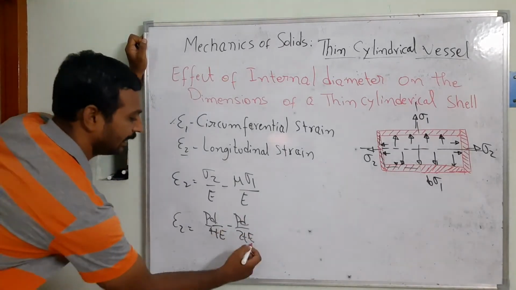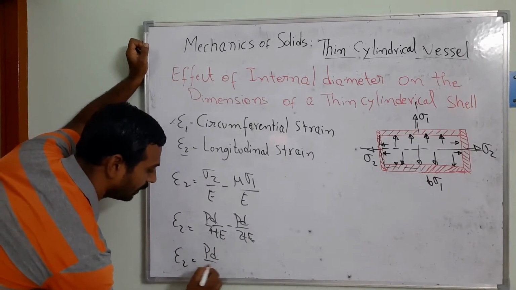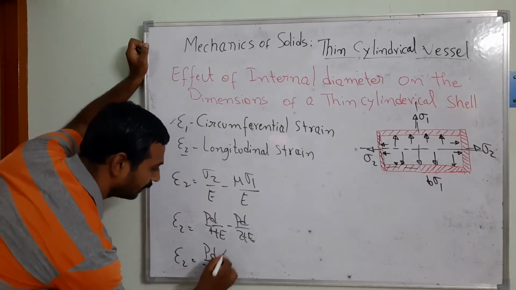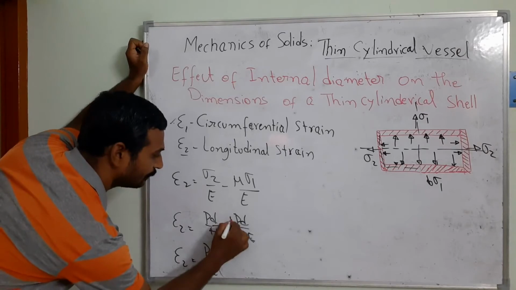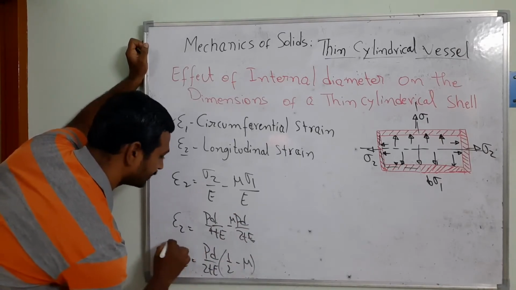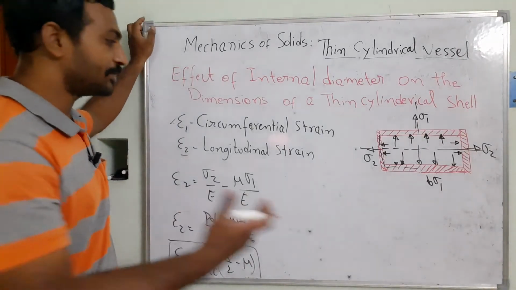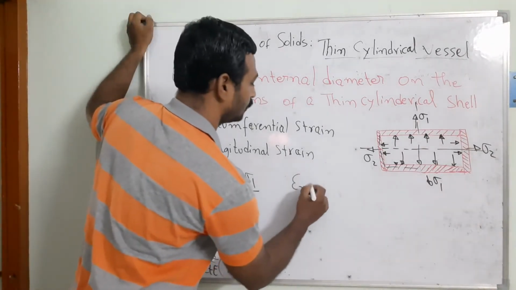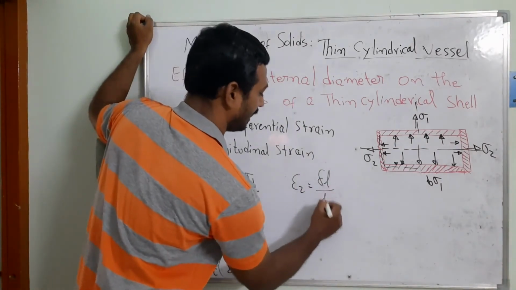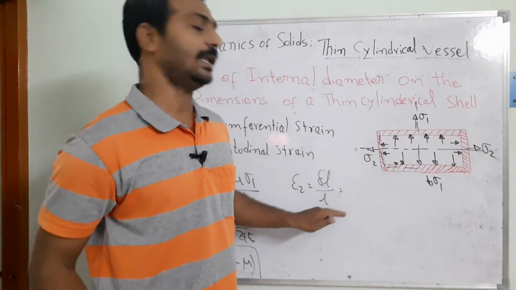Then I am going to take some common terms. Epsilon 2 is equal to Pd by 2Te into, here is the mu we are getting, 1 by 2 minus mu. So this is the strain we can calculate. Now I am going to compare with the dimensions of the component. That is epsilon 2 is equal to del L by L, that is change in length by original length.